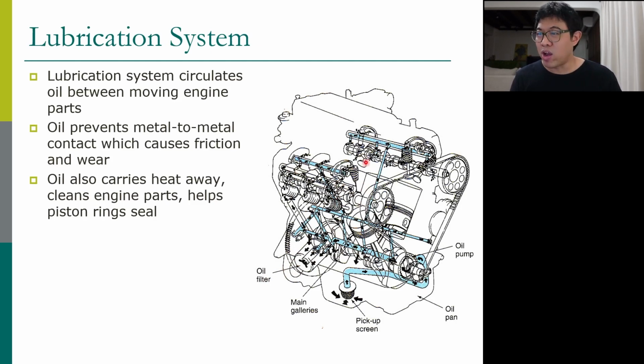There are small tubes inside the engine that send the oil to many places, any place that needs lubrication, such as the crankshaft, and the valves moving, the valve train. Those are the components of the lubricating system. It prevents metal to metal contact. It is also used to carry heat away from those areas.